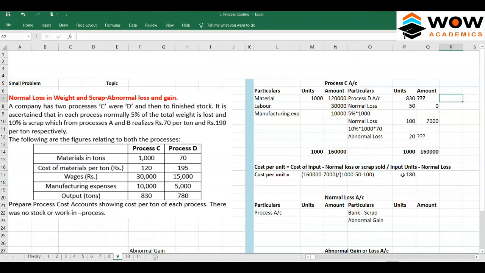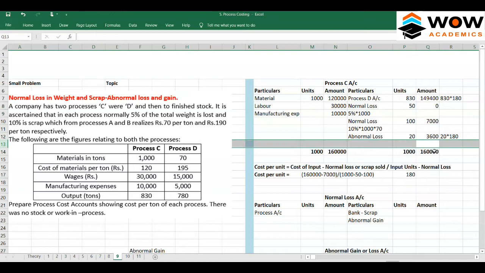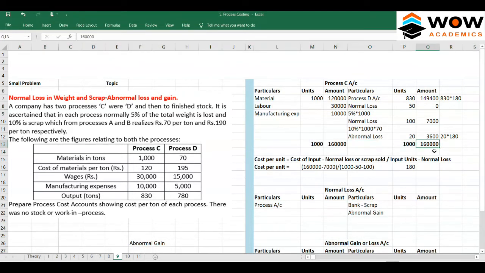So it's going to be 830 into 180. Hopefully this has to tally. Yes, it tallies, and it is 1,60,000. So we got our total, and our process C account is over.